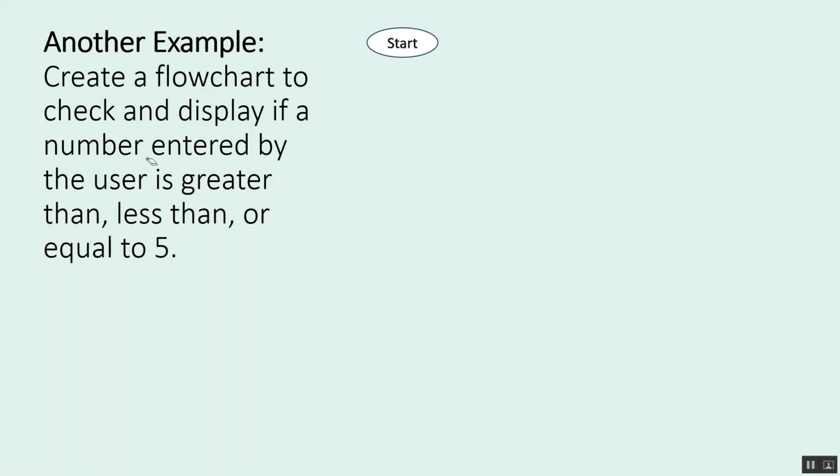We go to start, and then we input a number n, since we want to identify if n is greater than, less than, or equal to 5. So we need a value to be determined, and that's n.